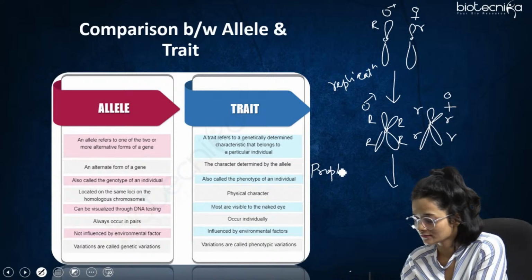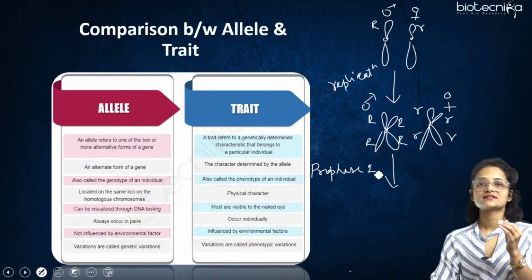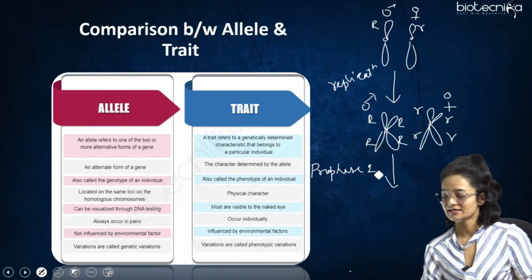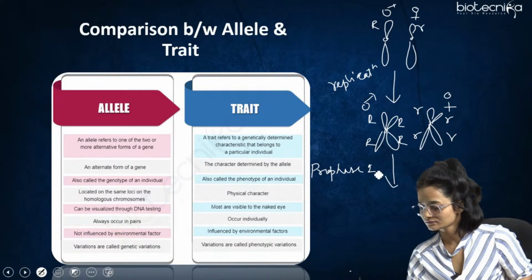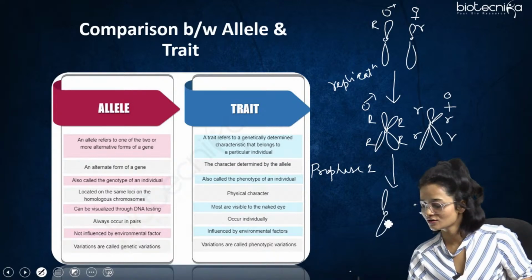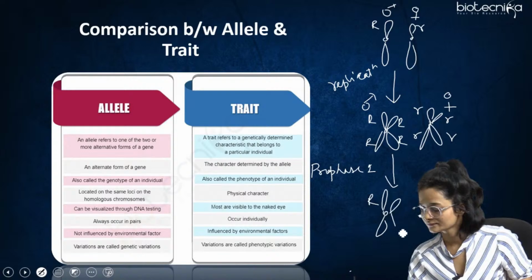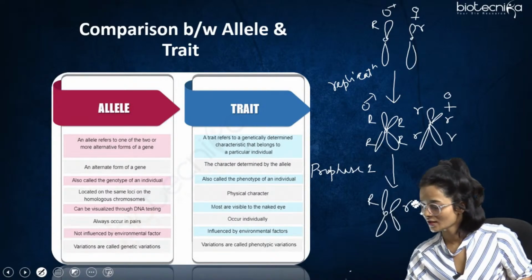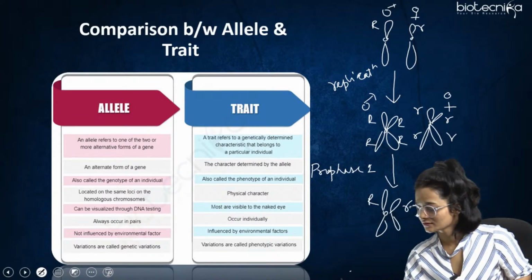In prophase 1, there would be crossing over. As a result, these homologous chromosomes will cross with each other and produce capital R and small r. And here it will be producing capital R, small r, right?